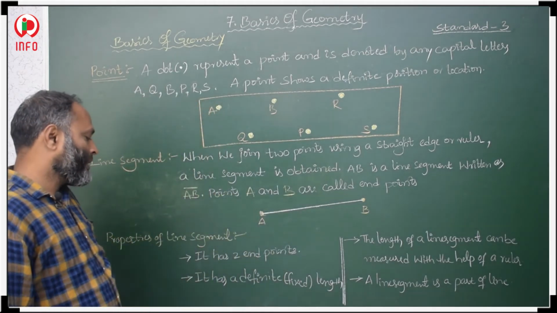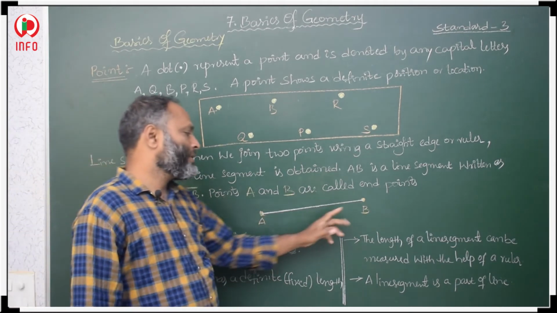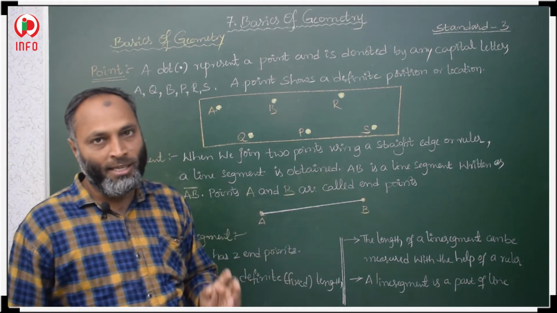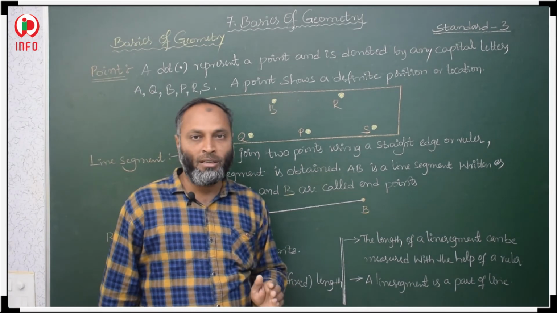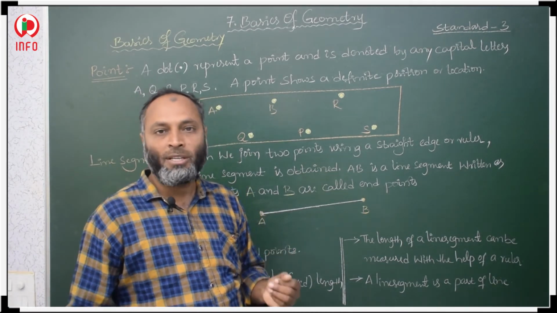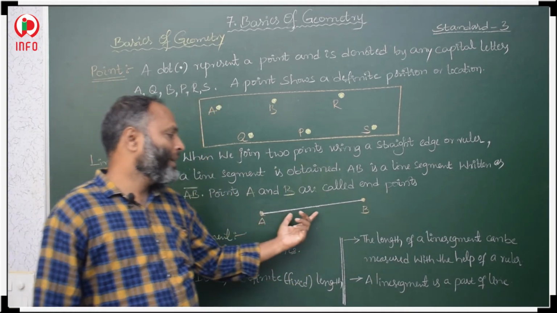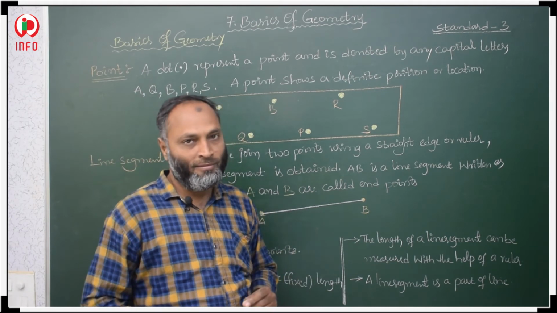The second property: it has a definite fixed length. So these two are the endpoints. The AB line segment has two endpoints. So that is why the AB line segment length is fixed. We are able to measure this length. Why?